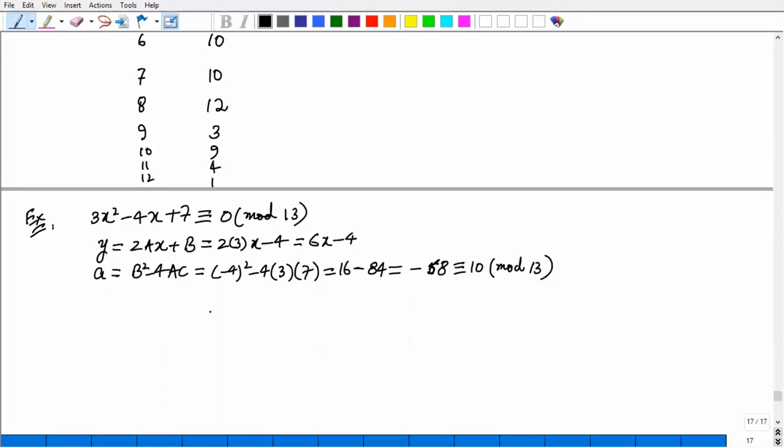So now the congruence becomes y squared congruent to 10 modulo 13.